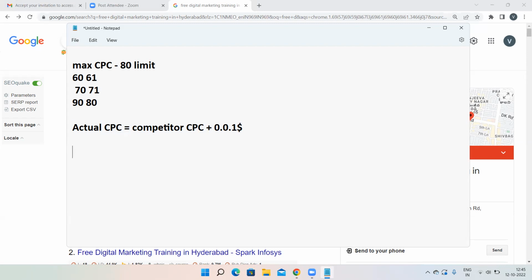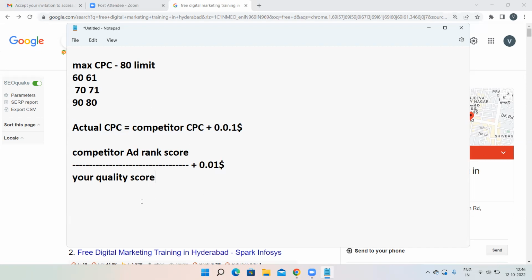I'm writing this formula as competitor ad rank score by your quality score, plus $0.01. I will tell you how I got this. All right. This is the step which I have derived from this.